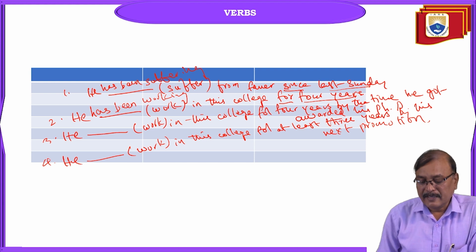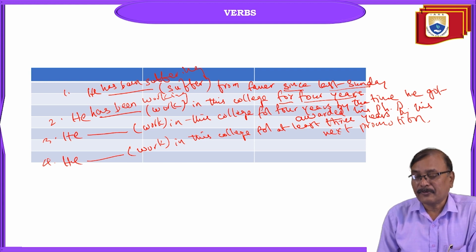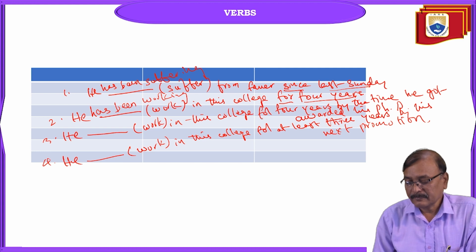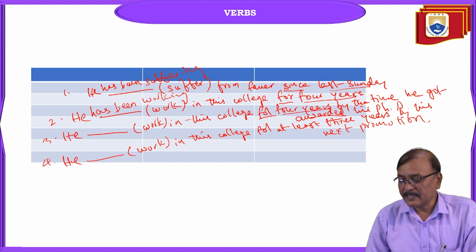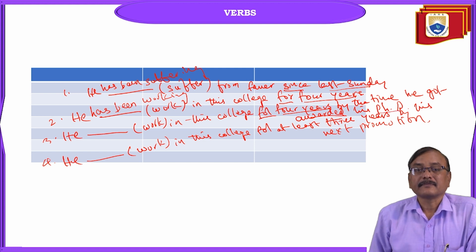Next, he dash work in this college for 4 years, for plus time, by the time he got awarded his PhD. Is it clear? By the time he got his PhD means for plus time by past. By the time he got his PhD.